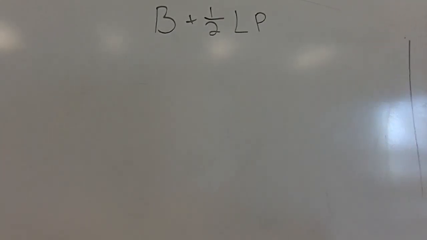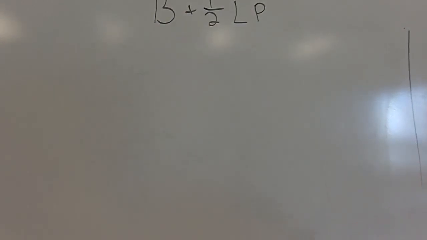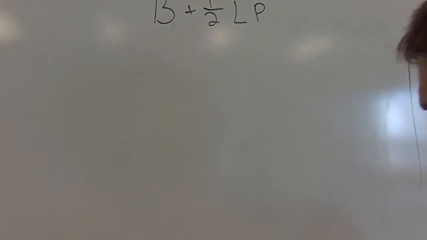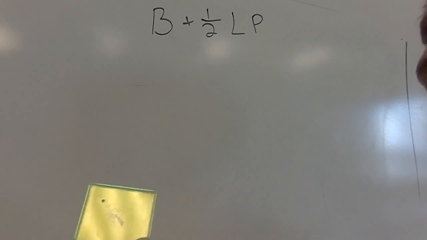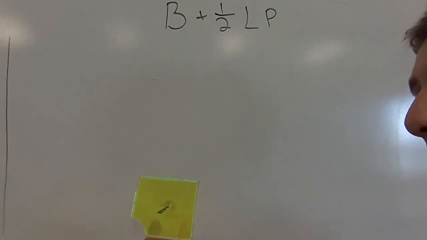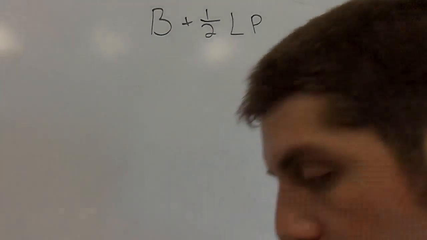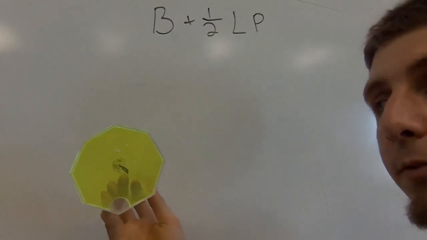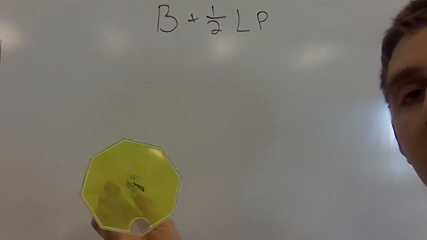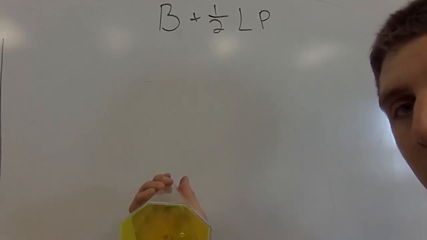So the first part of the surface area formula is this big B, which, as we discussed in previous videos, represents area of the base. Now, how you find the area of the base is going to change based on what shape is in the base. And I will have a video on finding the area of bases that have more sides than 4, because it's basically doing pentagon and up.